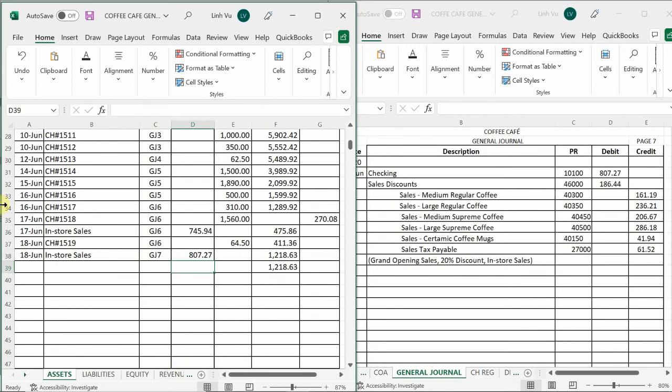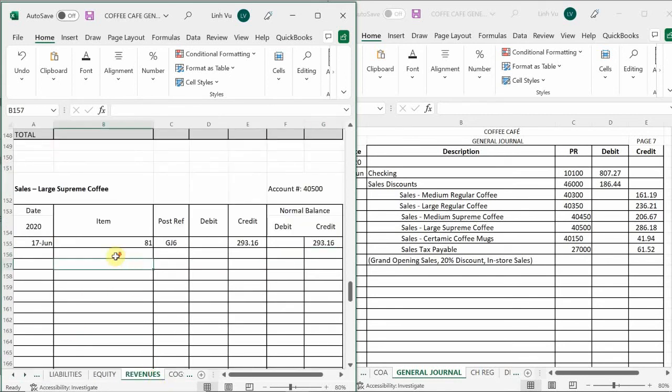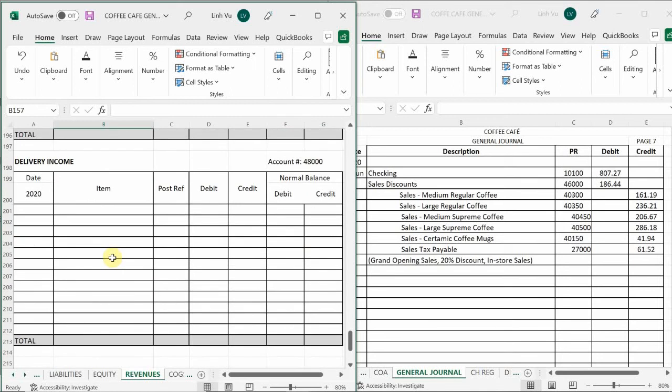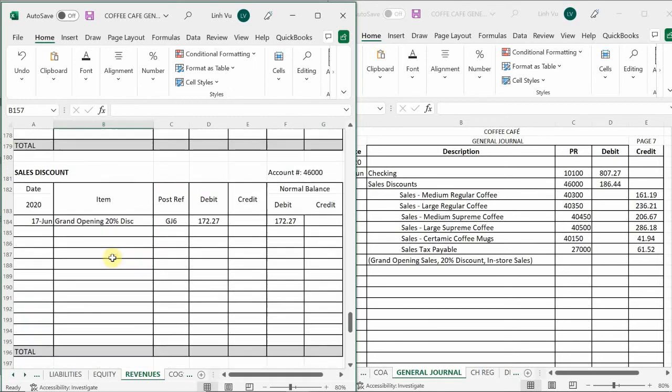And then we go to sales discounts. So revenues, sales discounts. Here we are. Same thing as above, page 7, and it is $186.44. All right, giving you a grand total of $358.71.